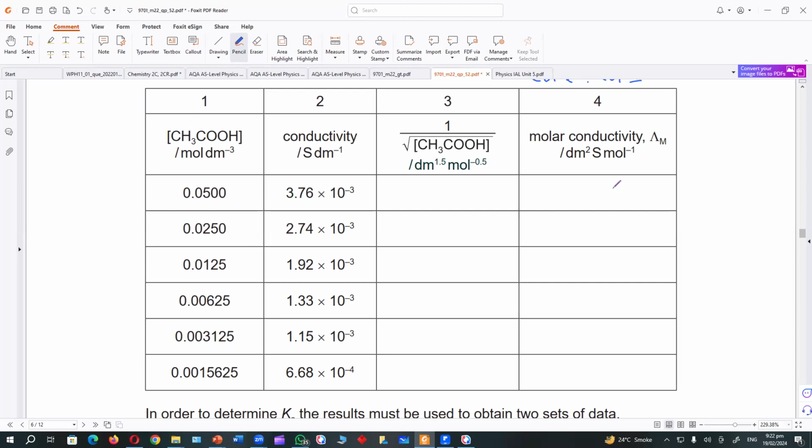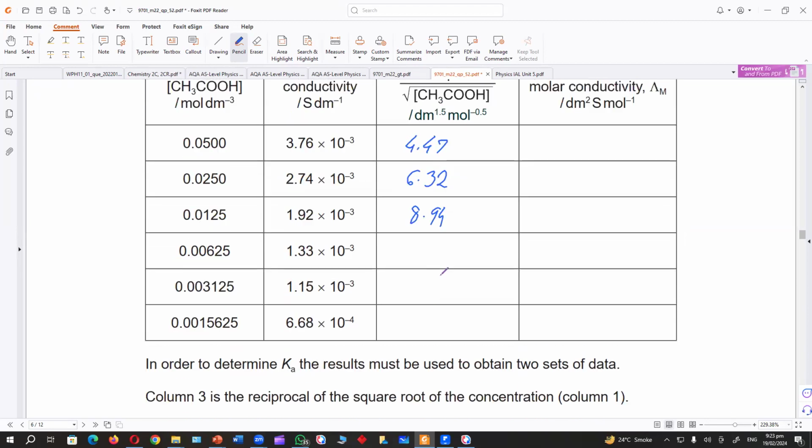Yes, 4.47. Okay. Then it's 6.32. And 8.94. 12.6. 17.9. 25.3.